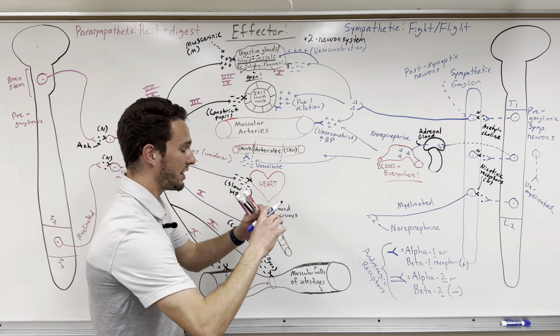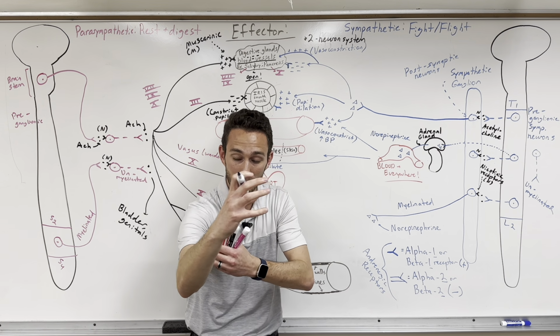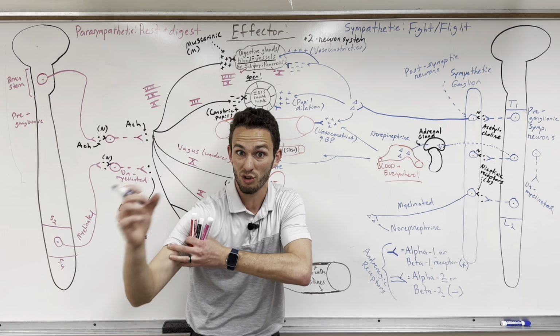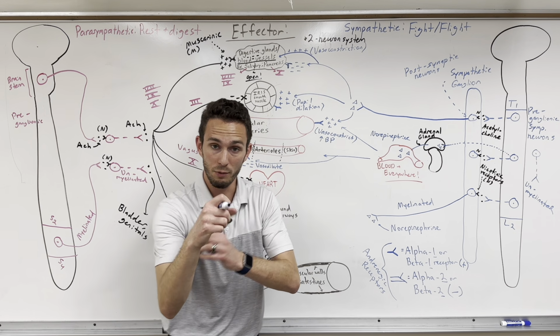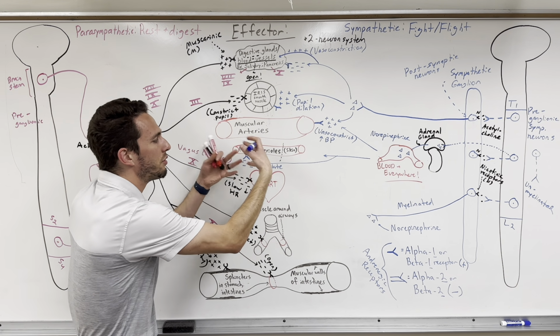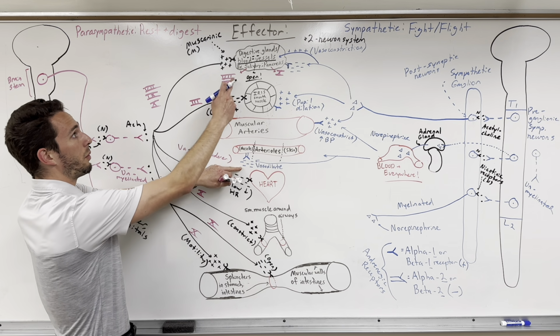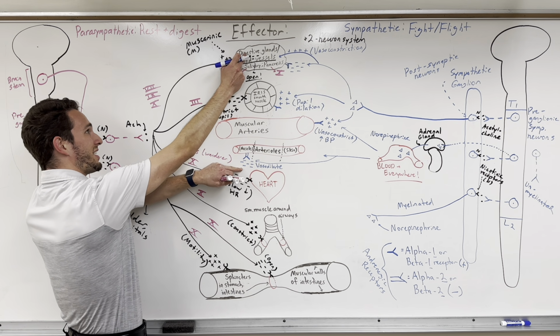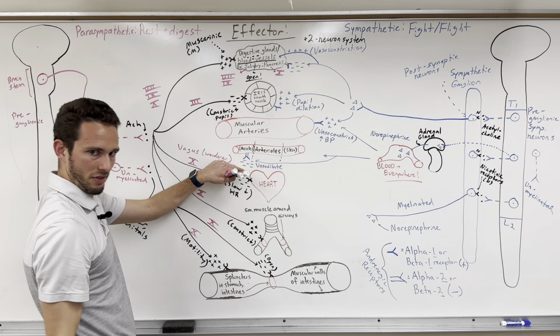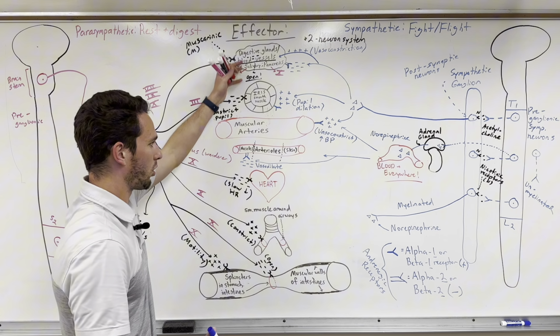Why? Because if we open up the arterioles right at the muscular tissue, like the cells doing the contraction, the running, or the fighting, we can feed those muscles better. So we want to open them up. This is very similar to when we open up the blood vessels in the digestive system when we're in parasympathetic, okay? Allowing it to absorb more.